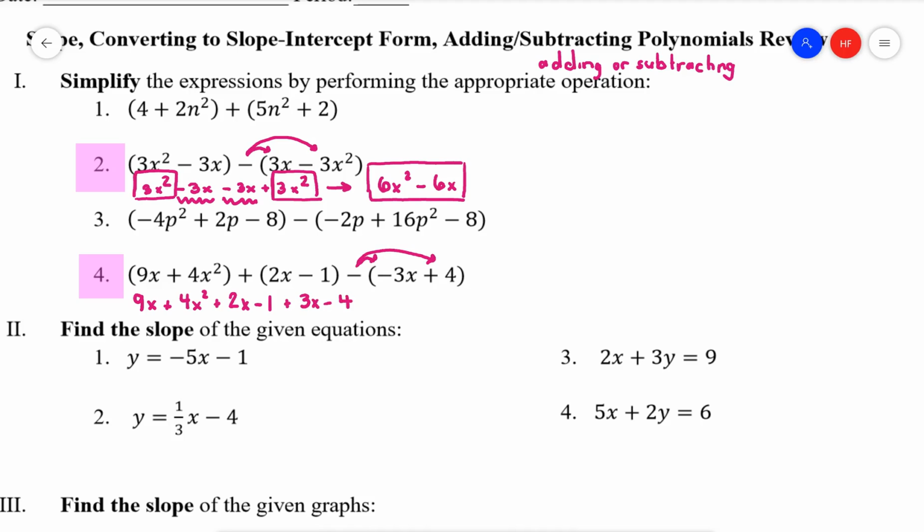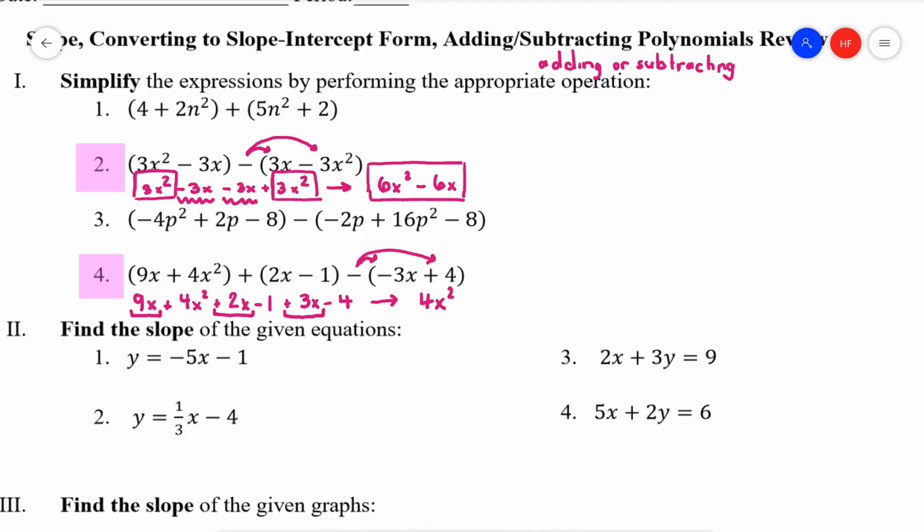Now I'm going to be combining my like terms. I'm looking for the highest degrees, so the highest exponent goes in the front, which would be a square. And I only have 4x squared. That's the only square, so when I write it, it's just going to stay the same. Then we have our x's, so 9x plus 2x plus 3x.